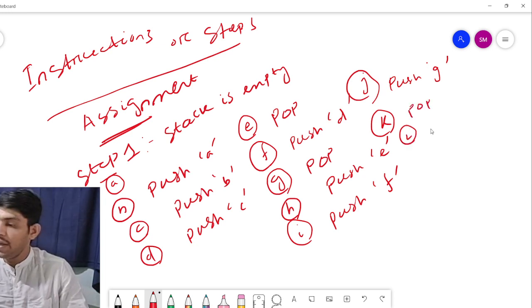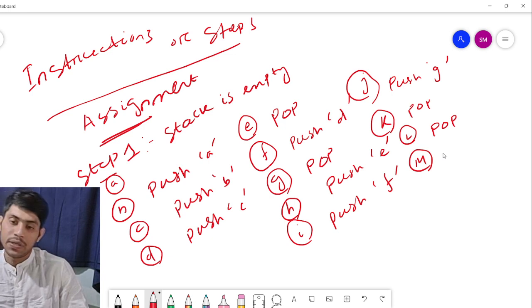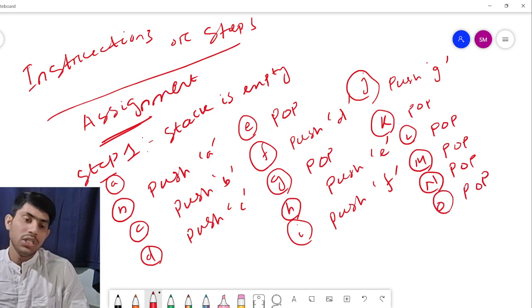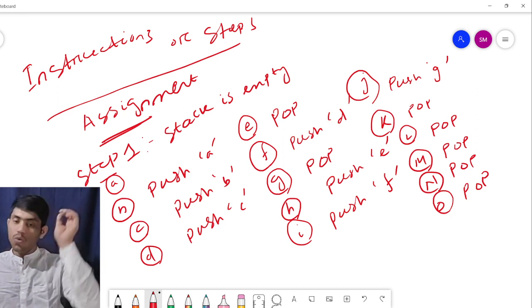L, again pop. M, again pop. N, again pop. O, again pop. So these are the list of steps from A to O.